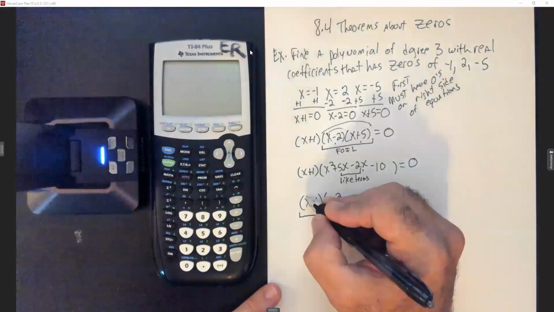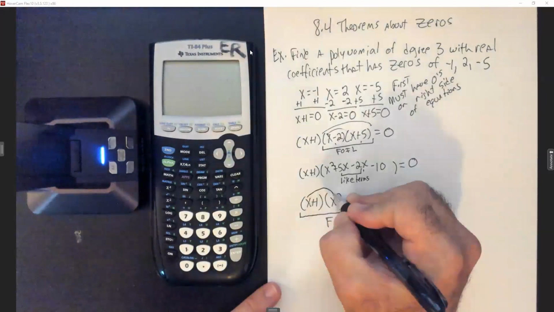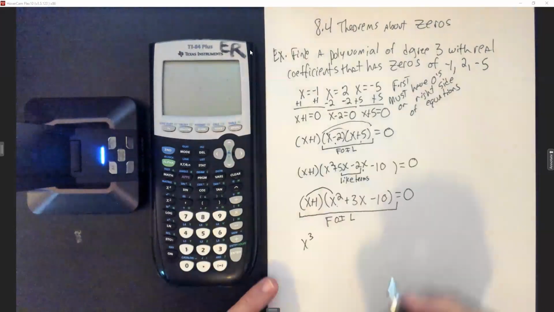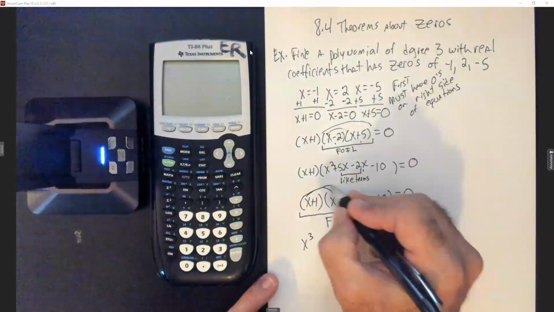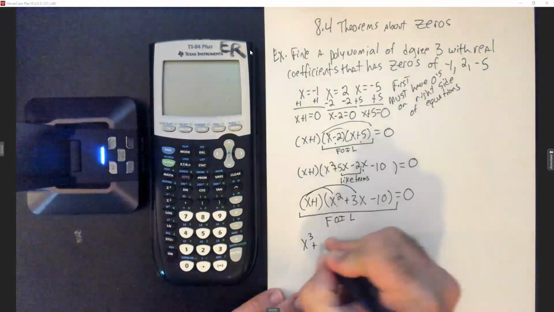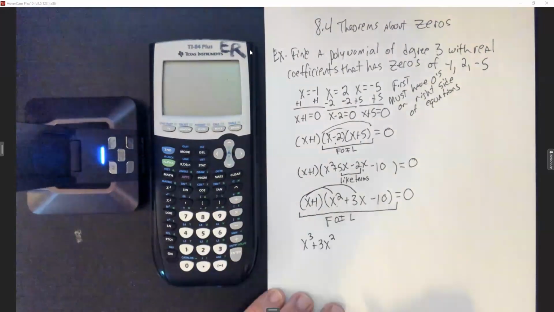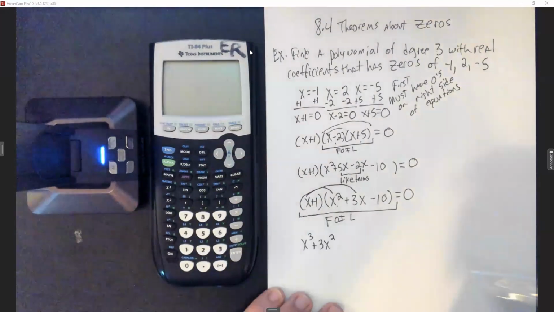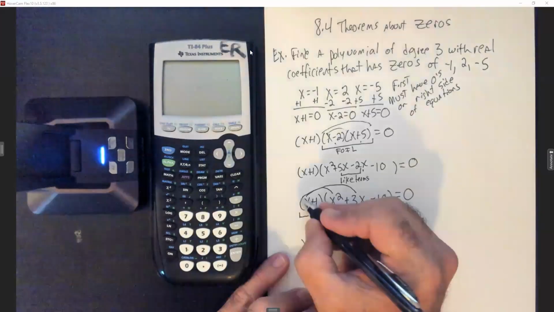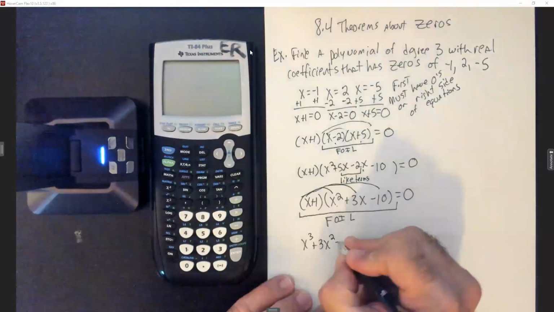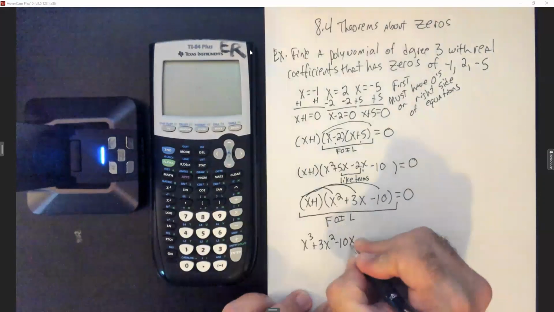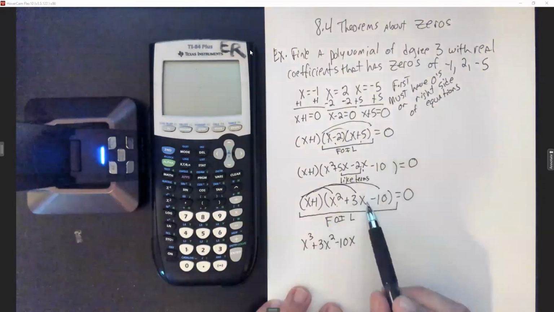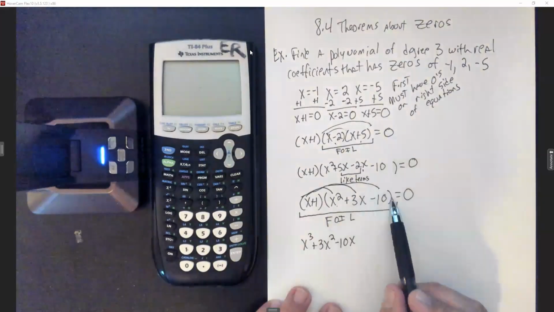X times x squared is an x to the third. X times 3x is a 3x squared. So all you're doing when you multiply by x is adding an x to everybody. X times negative 10 is a negative 10x. So I went from 2 x's to 3, 1 to 2, none to 1.